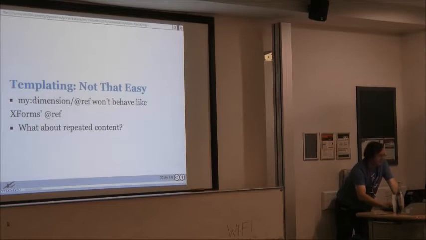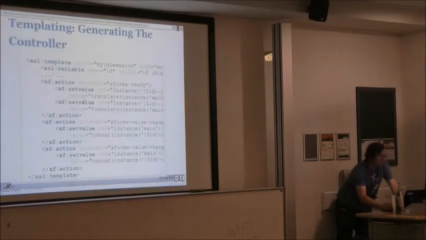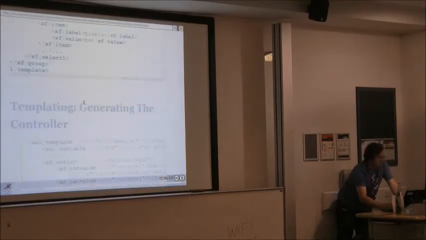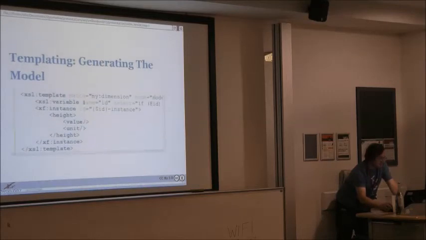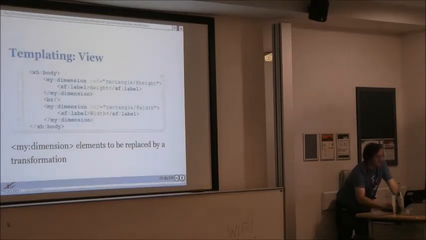Another detail is that I am using the ref attribute on the my dimension element, on my template, in fact. And this ref attribute, in the example I have shown, you have the feeling that it's a relative XPath expression.